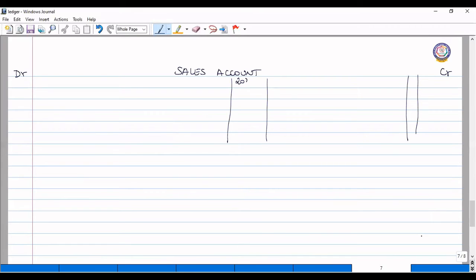On the credit side, on April 4th, we have made sales by cash. Okay. The sales made is a cash sales. Amount is 7,000. Right. Now we'll just draw lines for the debit side. Next entry.